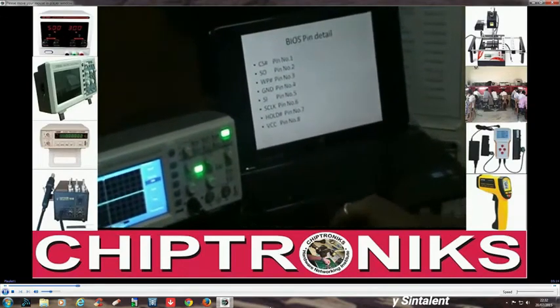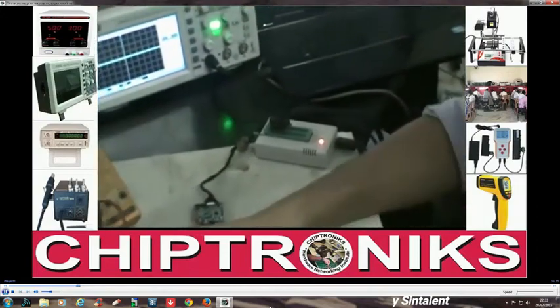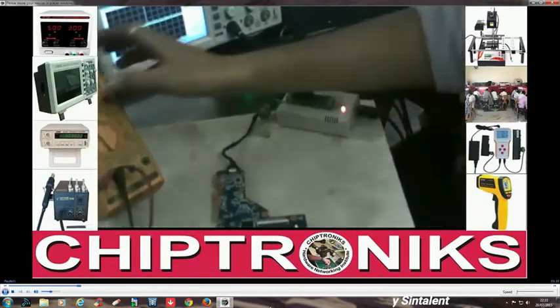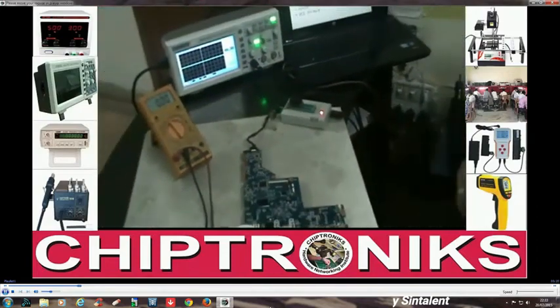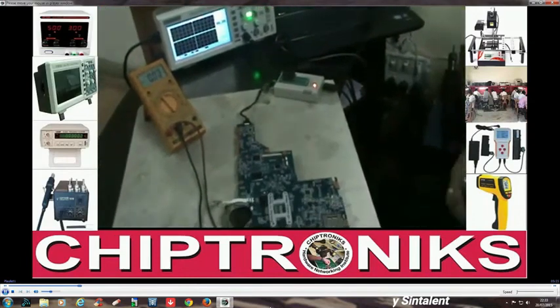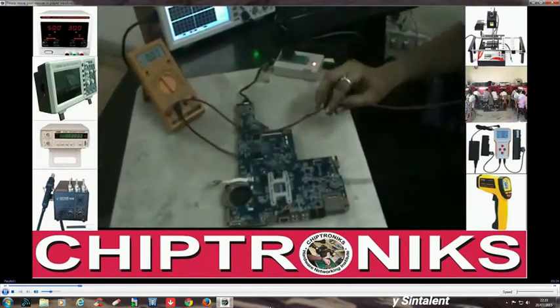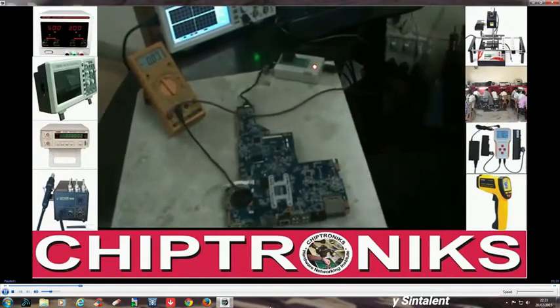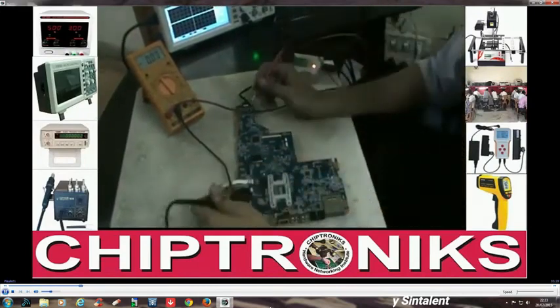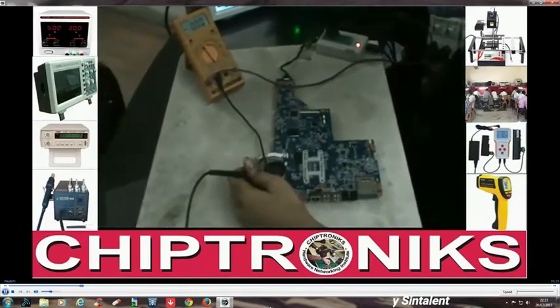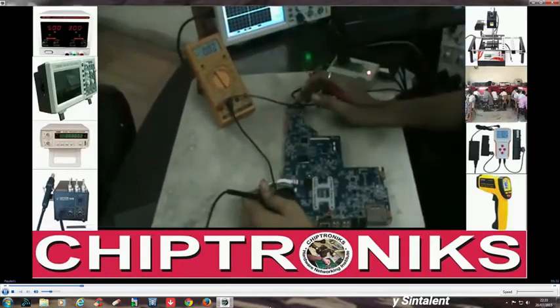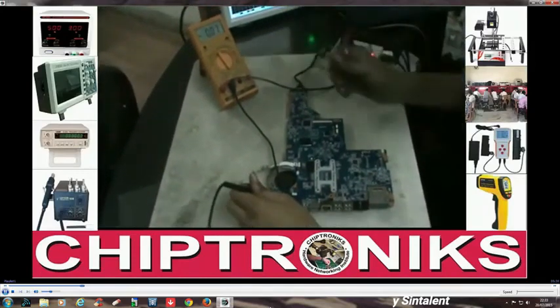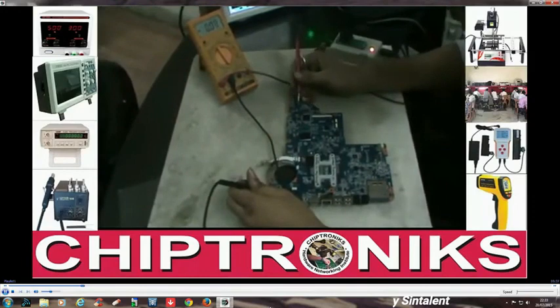I plug the adapter in over here. First I'll show you with the multimeter. If you need to confirm the BIOS, you should check with an oscilloscope, but here I'll show you what the difference is. Just look over here.